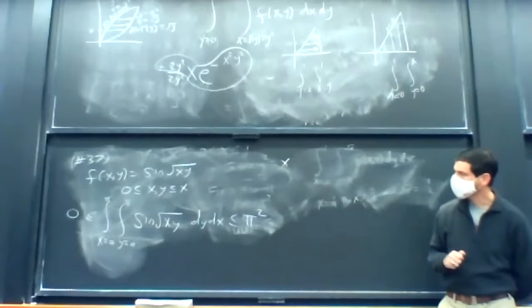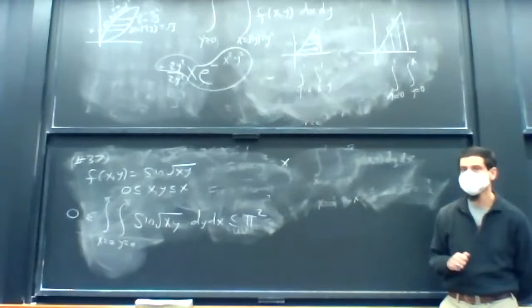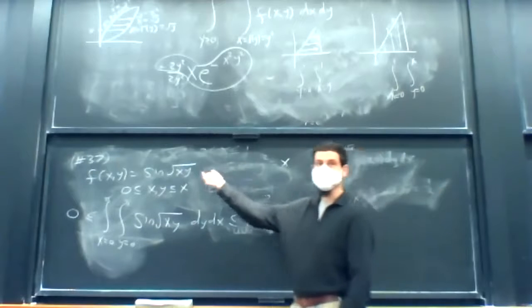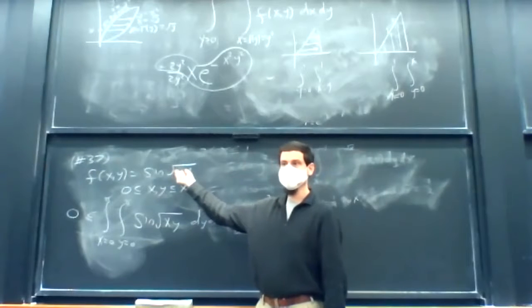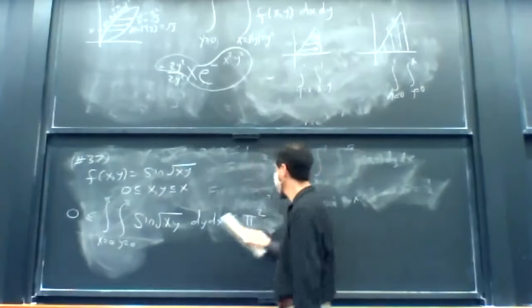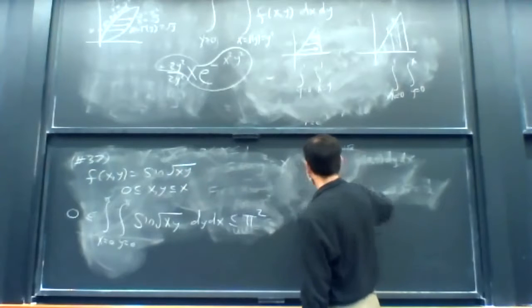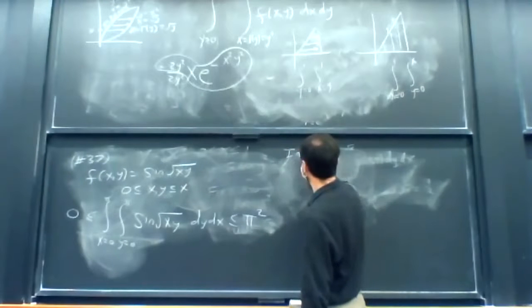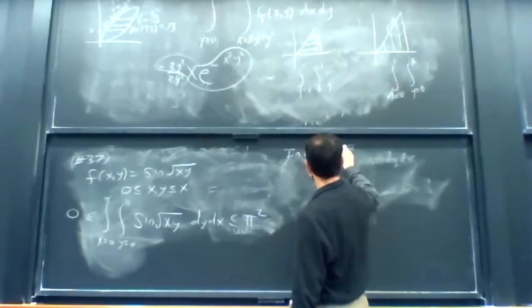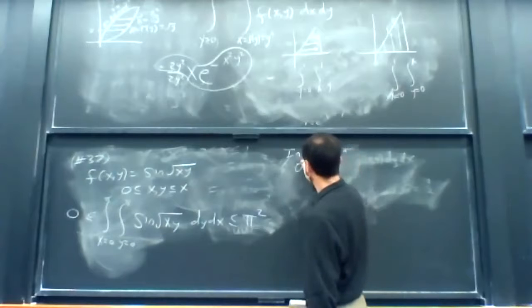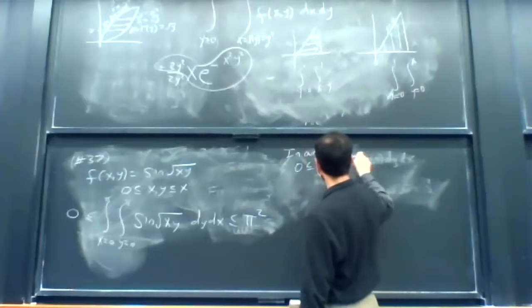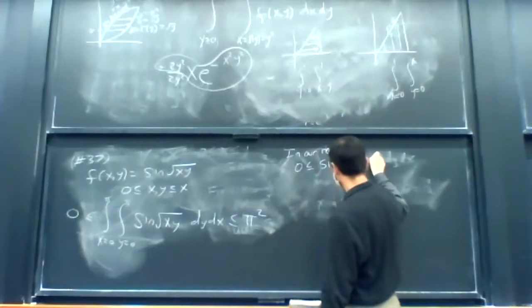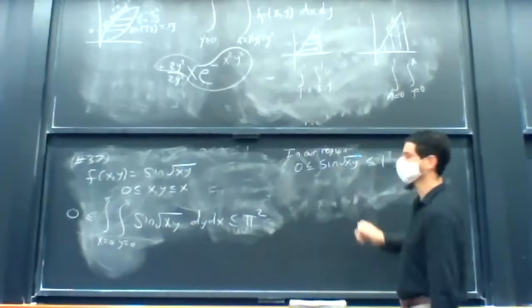Well, when x and y go from 0 to pi, the argument of sine is going to be at most pi. So the argument is going to be between 0 and pi. So what's the range of the sine? So in our region, 0 is less than or equal to sine of the square root of xy, which is less than or equal to 1.